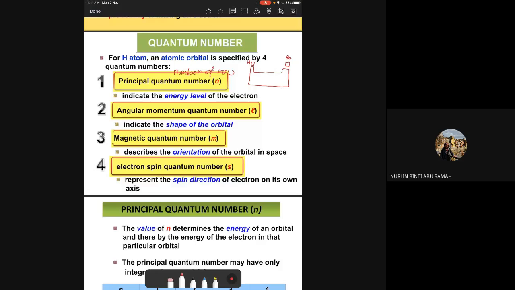Electron valence. Ahmad Fahmi, what do you mean by electron valence? Electron valence adalah number of group. Ikut row maksudnya row macam ni, 1 sampai 7 kalau tak salah saya.